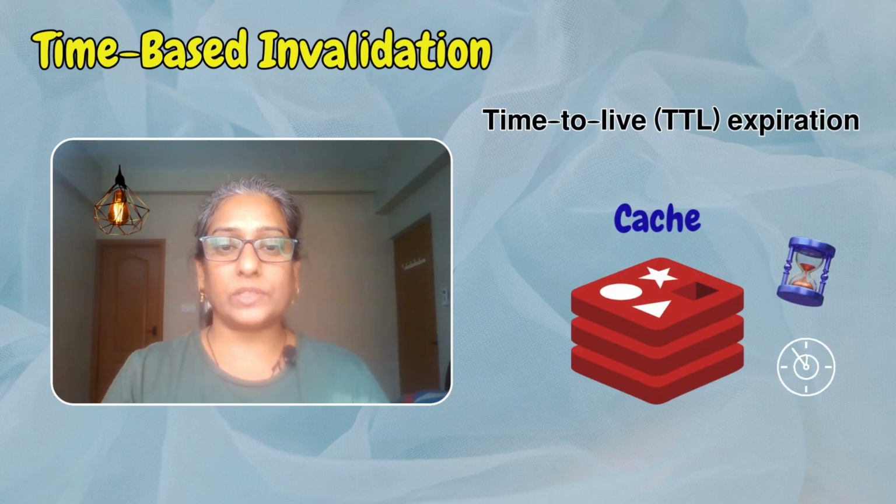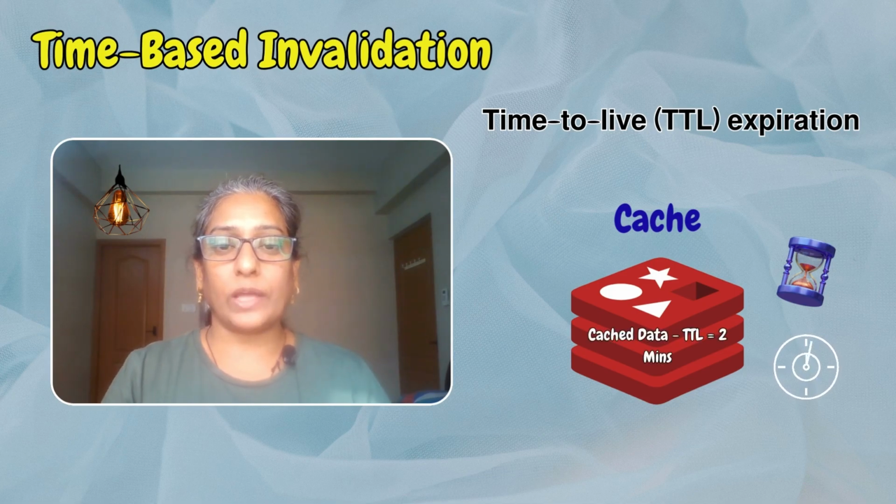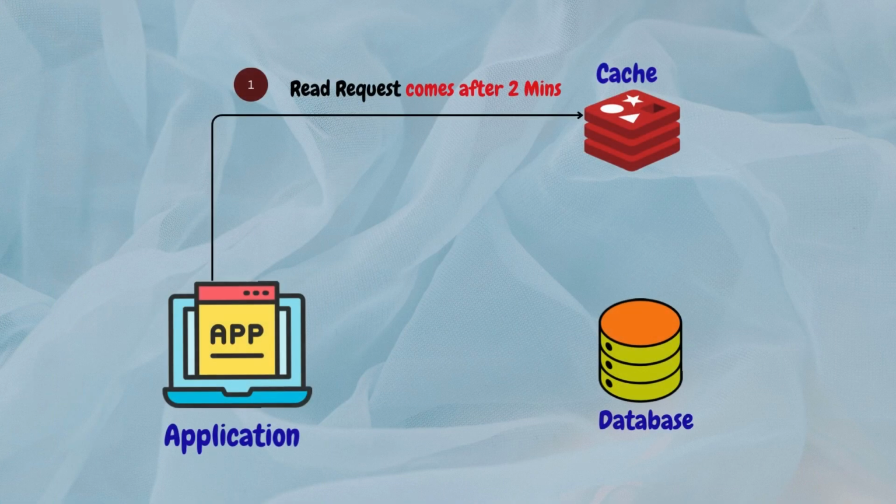Time to live expiration is a time based invalidation method. This method involves setting a time to live value for cached content, after which the content is considered stale and must be refreshed. When a request is received for the content, the cache checks the time to live value and serves the cached content only if the value has not expired.